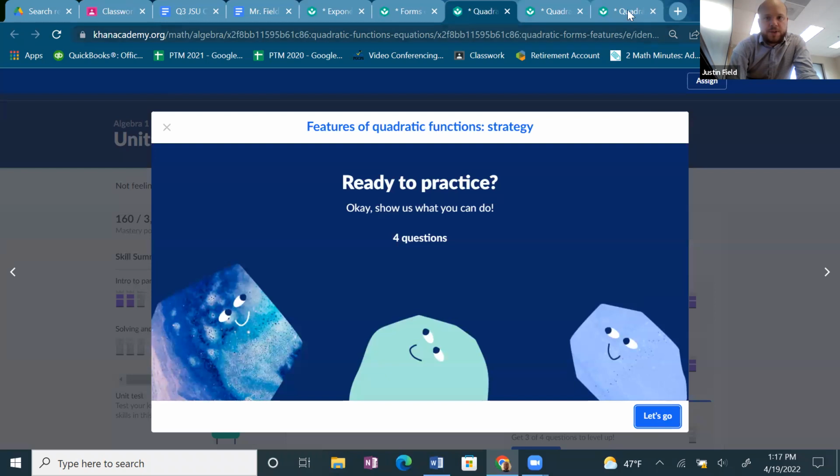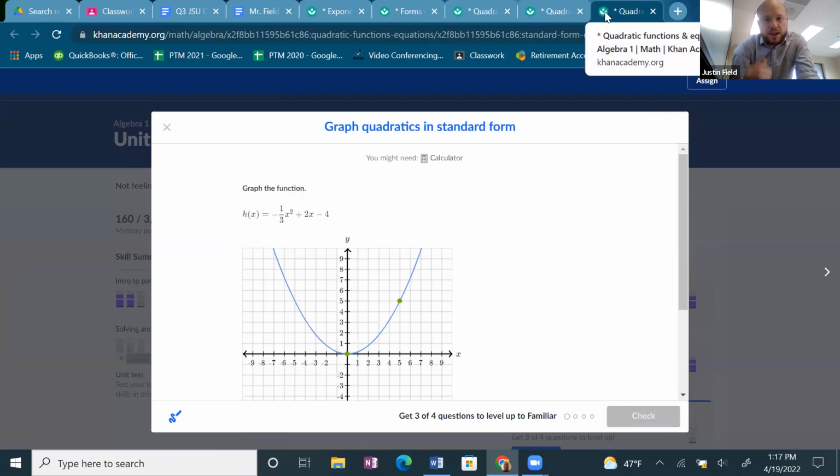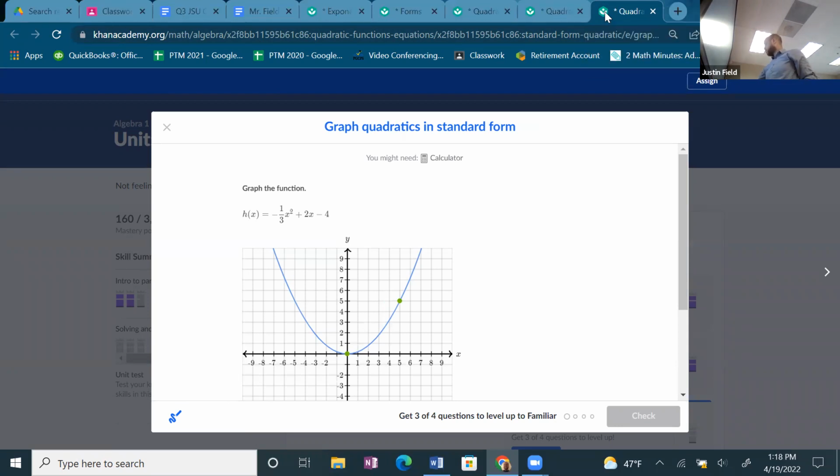All right, so let's start with graphing quadratics in standard form. A lot of you got to start this today in class. So here we have the standard form equation right here, and we want to graph it. So what we want to do is figure out the vertex, and then we want to figure out one point on either side, or you can figure out the zeros.